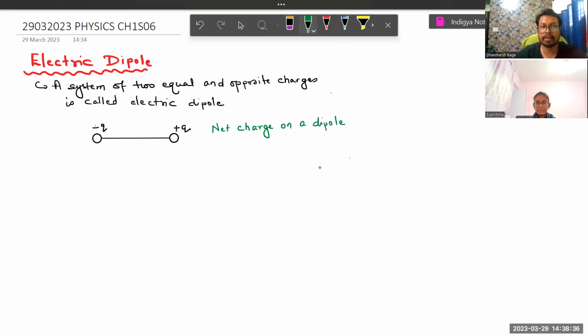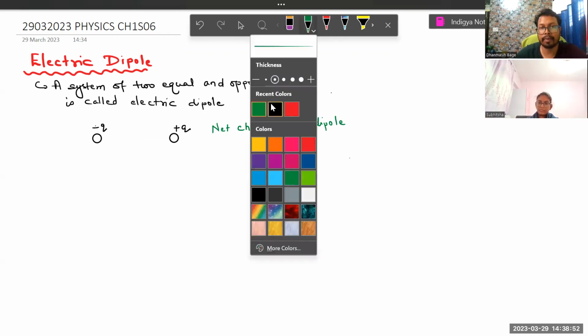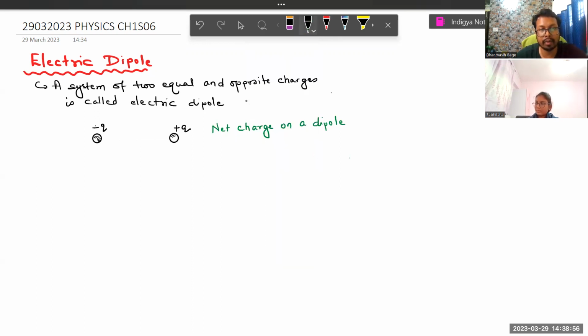Now, when we say that we are talking about dipole, then we will think of these two charged particles together. There is no line here. Just there is a system. These are just two charged particles, and together they are called dipoles. They form a system. They must be taken together all the time.